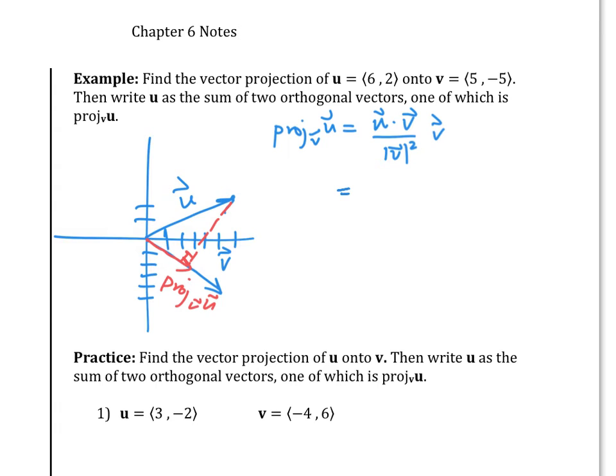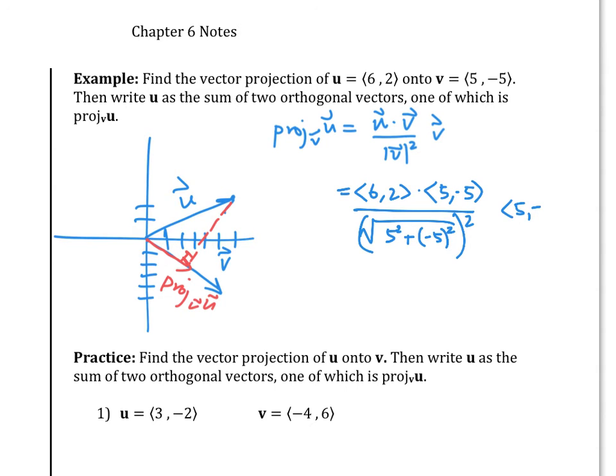This is equal to u, (6, 2), dot v, (5, -5), over the magnitude of v, the whole thing squared, times v.